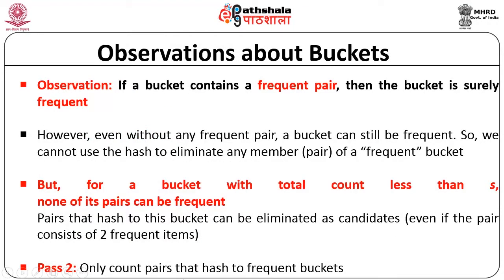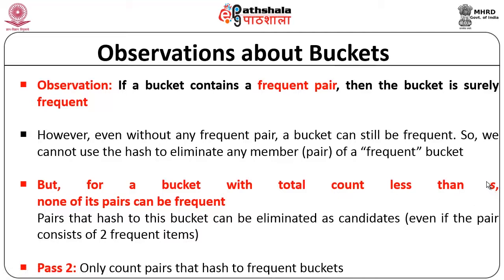Now, the second important observation that can be made from, say, the Apriori is, the bucket that contains a frequent item pair is surely going to be a frequent set. Therefore, what we can do is, instead of holding that bucket with the set of items, we can just keep track of the total count in the bucket, and all that you need to do is verify whether the given count, that is the total count, is less than s, which is the support count, or not.